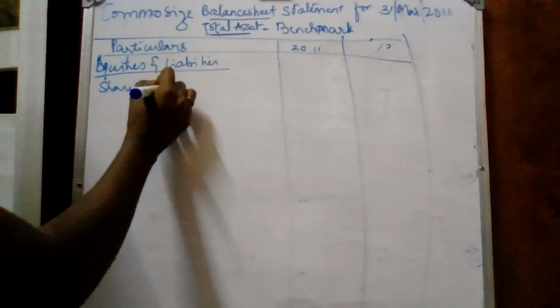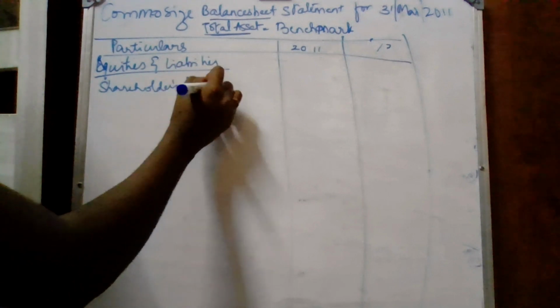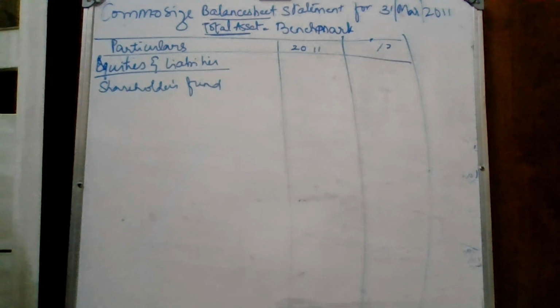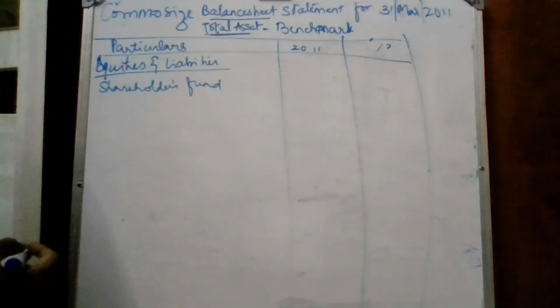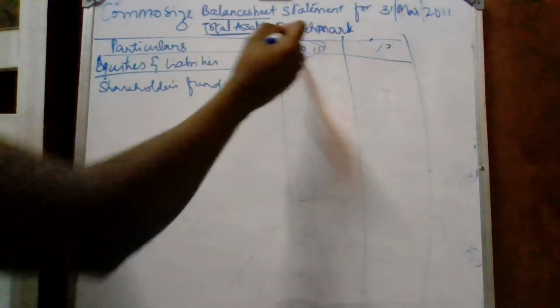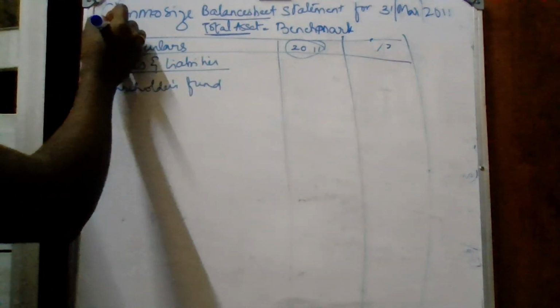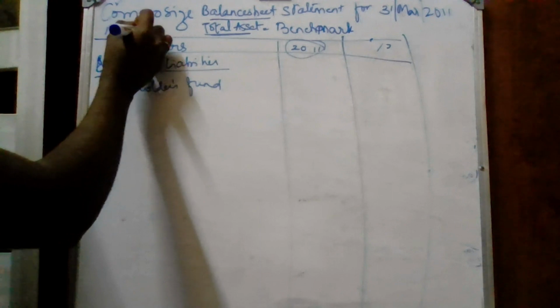As in the comparative statement question from the previous one, I'm doing the common size statement for the year 2011. The total asset for 2011 was 12,70,000, and this is the benchmark I'm going to take.